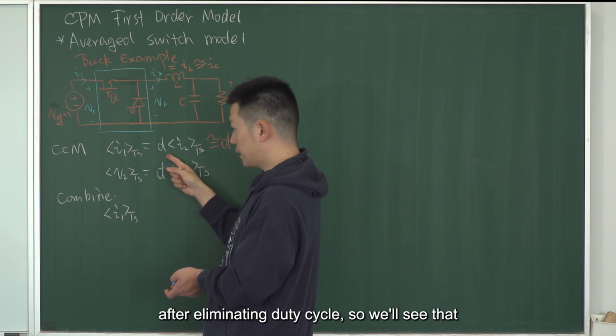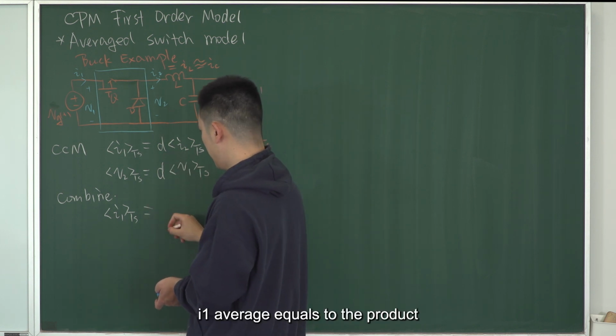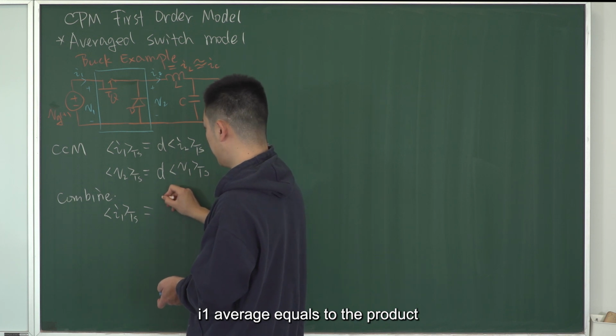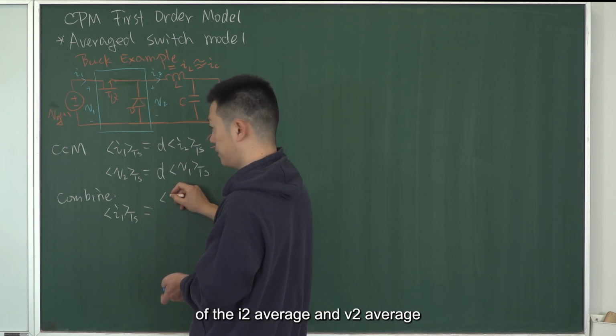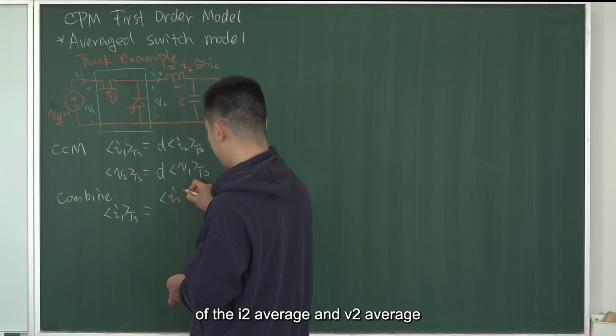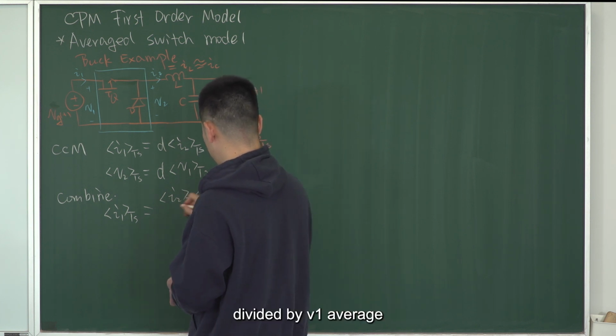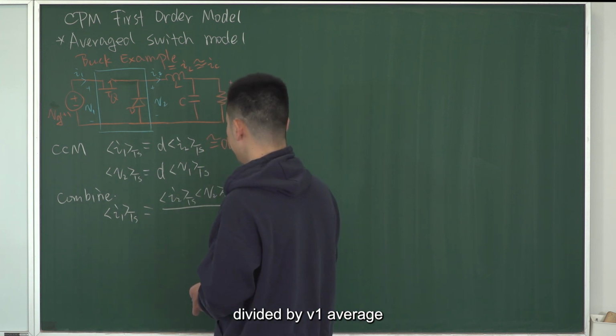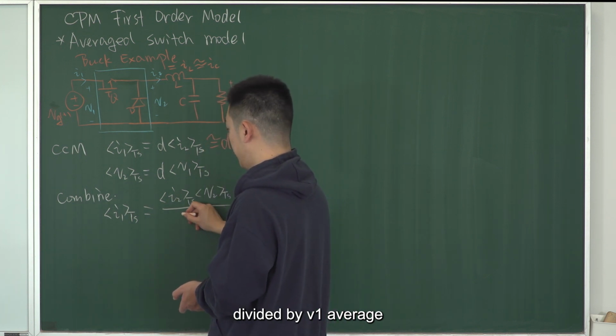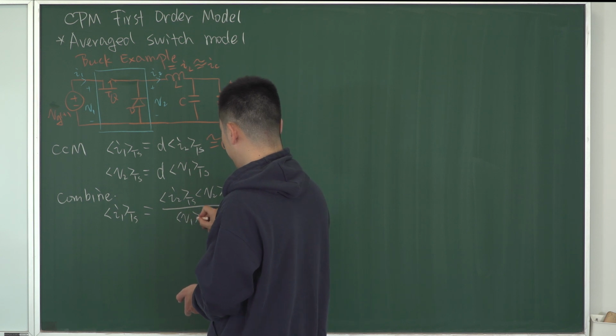After eliminating duty cycle, we'll see that I1 average equals the product of I2 average and V2 average divided by V1 average.